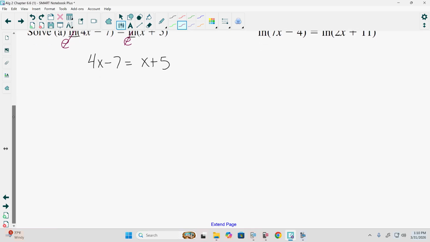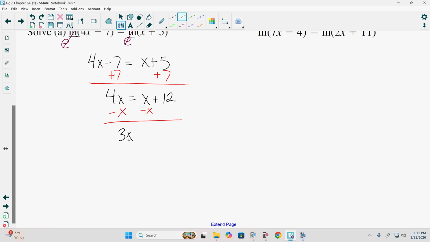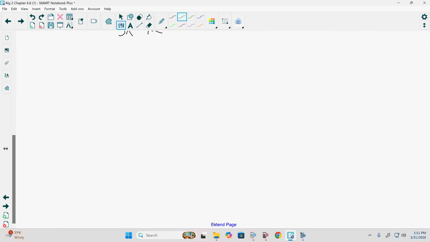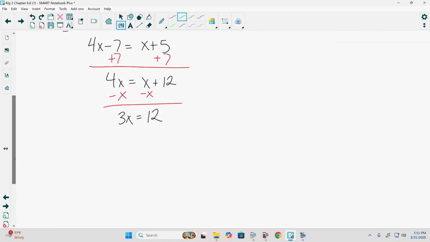4x minus 7 equals x plus 5. We can, what? Add 7 and subtract x. And at this point here, you see what the answer is, especially on the ACT. Go on and pick it and move on.